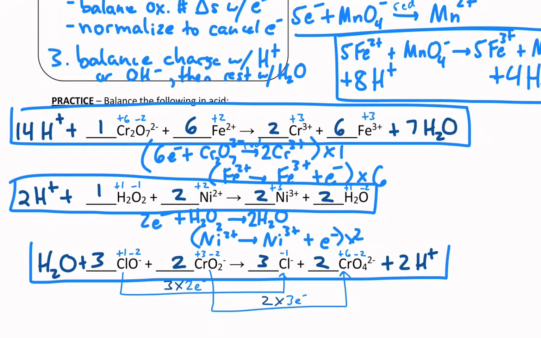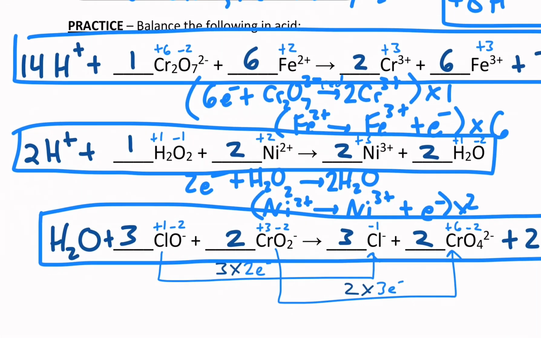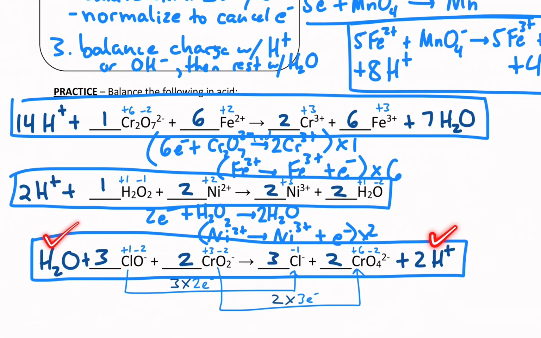So let's check. Every element should be balanced, and every charge should be balanced. 2 H's, 2 H's. 1 oxygen plus 3 and 4 more gives me 8. 2 times 4 gives me 8 oxygens. 3 chlorines, 3 chlorines. Already did oxygen. 2 chromiums, 2 chromiums. Elements are balanced. Let's check charge.